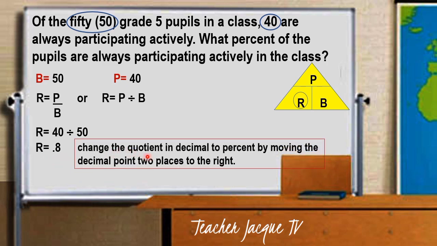Now, we need to change the quotient in decimal to percent by moving the decimal point 2 places to the right. So, andito ang ating decimal point, i-move natin siya ng 2 places to the right. So, let us move. Okay, so, decimal point, move ng 2 places. We have 1, 2. Dahil minove natin siya ng 2, ang ating sagot ay rate is equals to 80%.